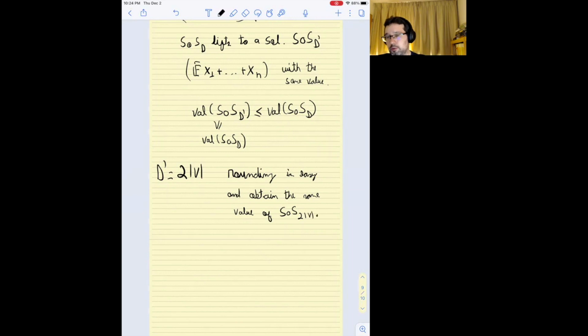So you have this huge SOS solution, so the rounding part is going to be easy. Let me leave this rounding part as an exercise. It's not very hard to round and get exactly the same value. So that's one way of showing that for the independent set, completeness is achieved at degree 2 times the independence number of the graph.